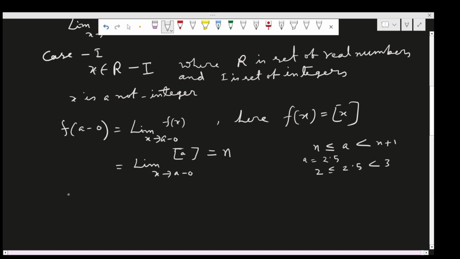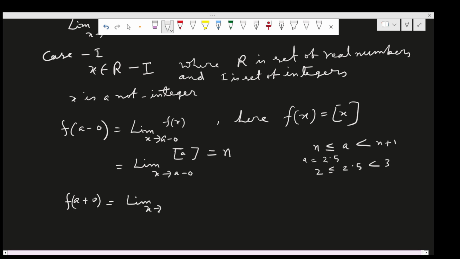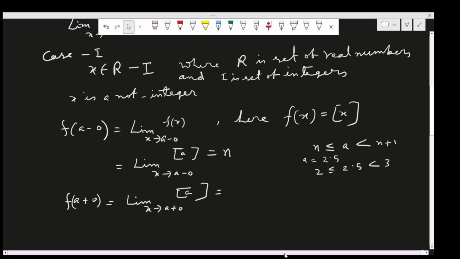So now consider f(a plus 0), means right hand limit, that is equal to limit x tends to a plus 0, box x, that is n, n less than a less than n plus 1.